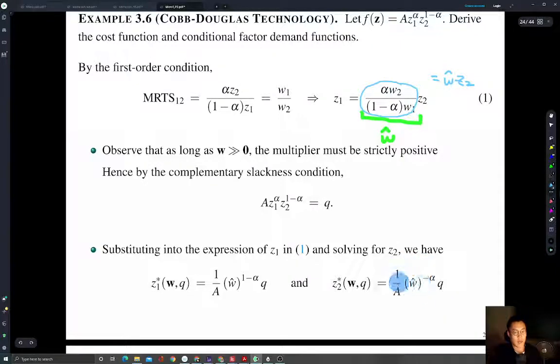Once we obtain the expression for z2, we can substitute that expression here, and that gives me the conditional demand for input 1. That is right here. Let me skip the details because it's simple algebra, but you can check by yourself. The conditional demand should be like this.